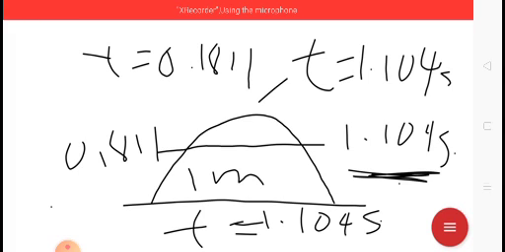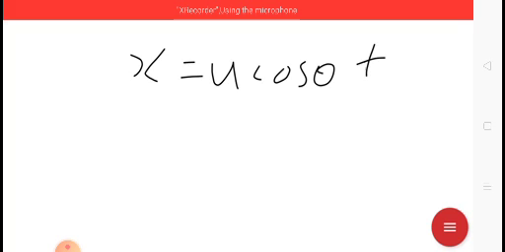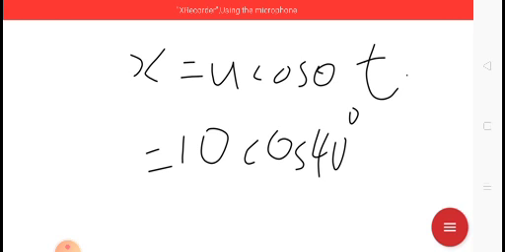So B, how far away from the base of the net was Shasha standing? Similar thing, you need to find the range, meaning the distance that you hit the target. Same thing, you will use the basic formula x equals u cos theta t, and you will have 10 cos 40, time will be 1.104.